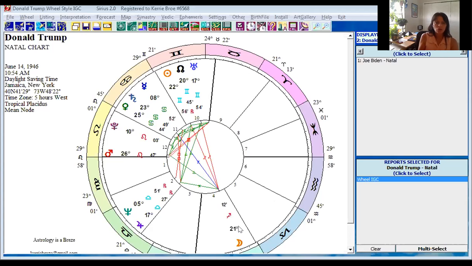There are all of these different shapes formed in patterns. There's the bowl pattern, the bucket, the seesaw, the grand trines, the grand squares, the mystic rectangle, and the Star of David. That's when everything is all sextile each other.